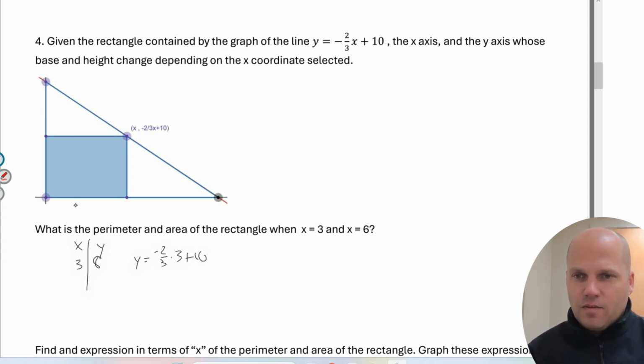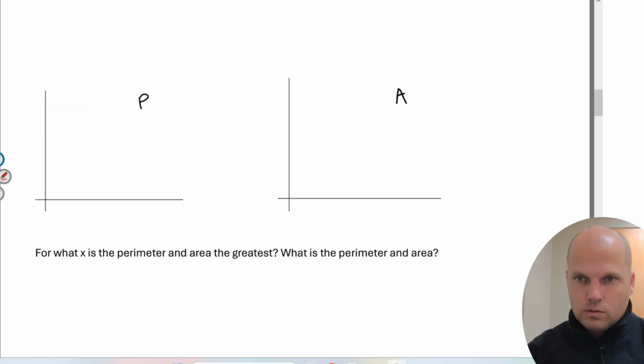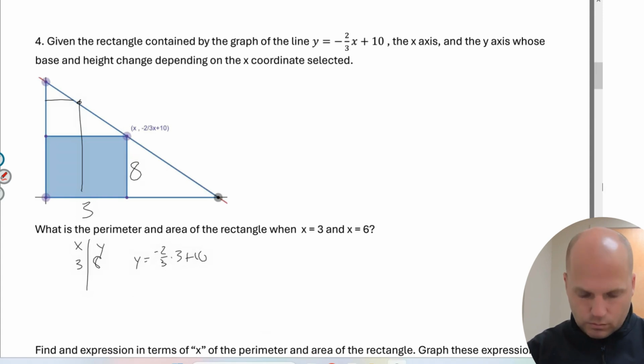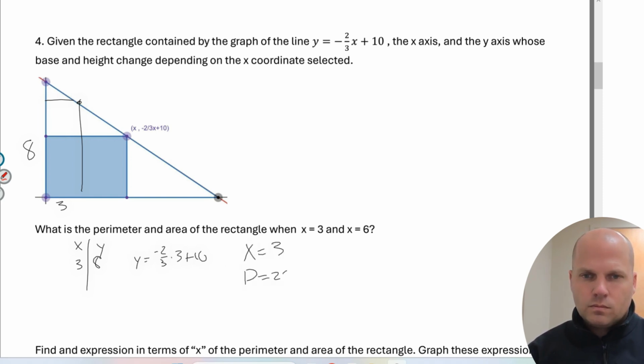If this is 3 and this is 8, it's probably right here. This is 3 and this is 8. This is 16, this is 9, that's 25. The perimeter is 25. And the area is 24.